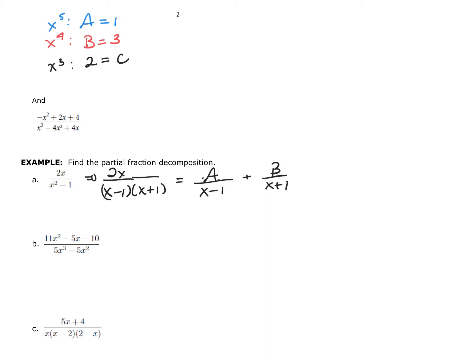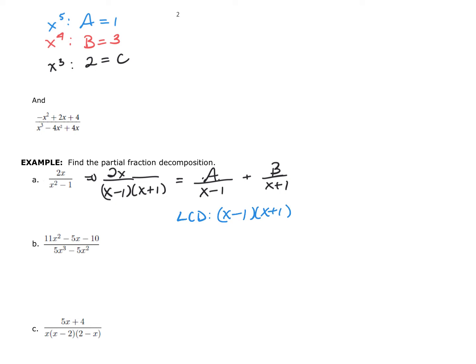Now once I have it written as 2x over the x minus 1 multiplied by x plus 1 in my partial fraction decomposition with non-repeated linear factors, what I'm going to do is multiply everything by the lowest common denominator. And you can see it's going to be x minus 1 and x plus 1. Now this is an equation.